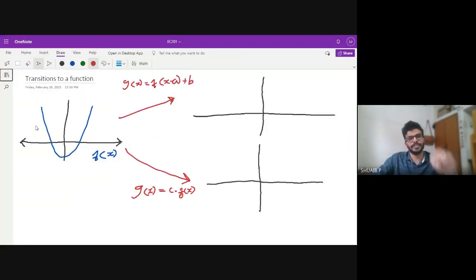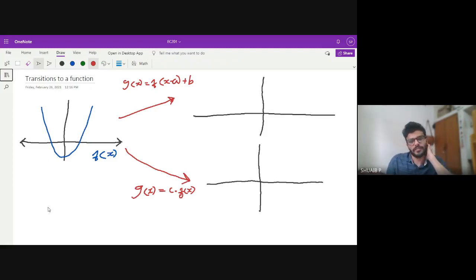So suppose this is our function f of x, and we are transforming it into two different functions. You can think of how f of x minus a would be transforming the function.